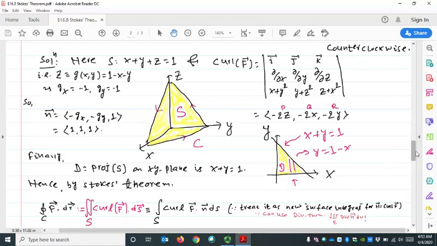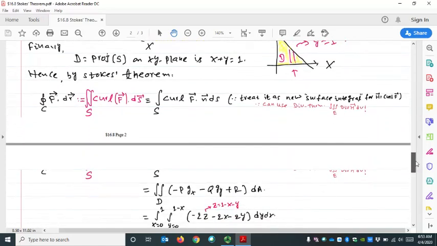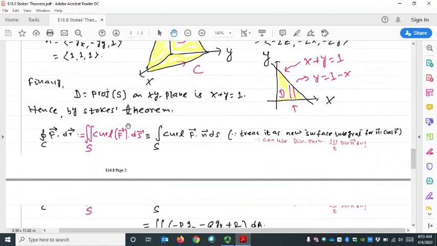Great. Now we are ready to evaluate the line integral. Excuse me. So let's start. Using Stokes theorem. The Stokes theorem says the left side is the line integral of vector field F over a simple closed curve C equals the double integral of curl of vector field F over the surface S. S is the surface enclosed by the curve C. And this equals the double integral, curl F dot n dS.